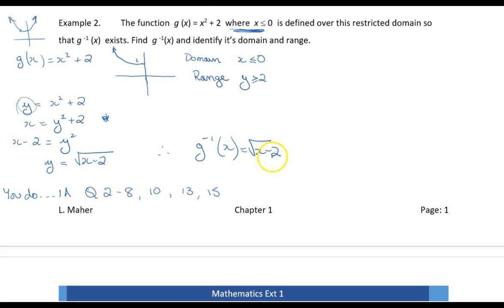So for this under here to be a positive number, x has to be greater than or equal to 2. So the domain of this inverse function is x must be greater than or equal to 2. See the connection? The range of the original becomes the domain of the inverse.